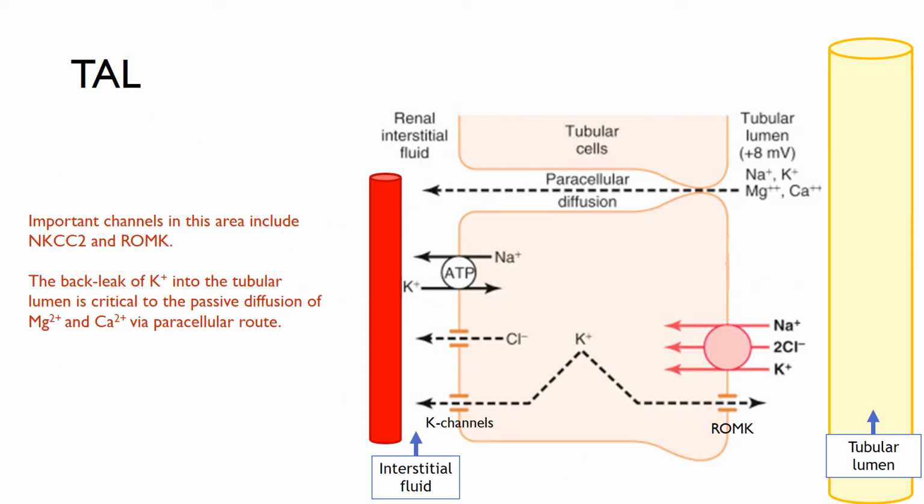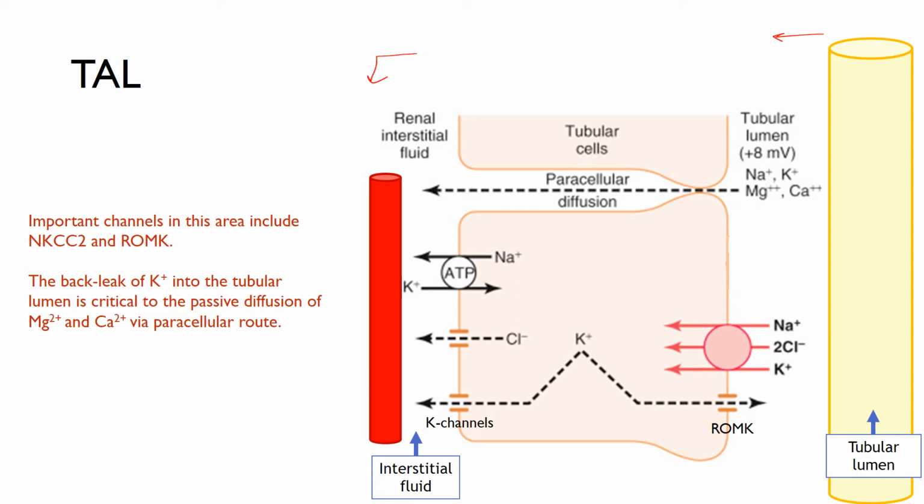Let's begin with orienting ourselves with the graphic here depicting cells in the thick ascending limb. On the right is the urine side. This is the tubular lumen, which is why it is depicted as a yellow tube. On the left is a red tube depicting the vasculature. Reabsorption would take place by solutes moving from the tubular lumen side into the vasculature.